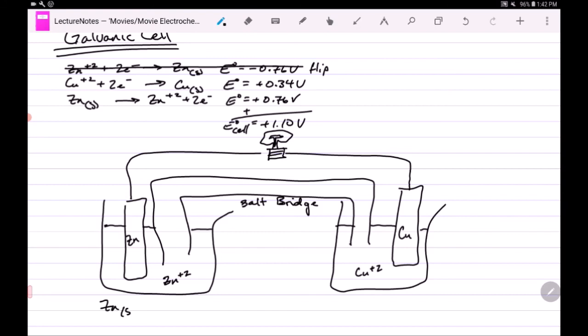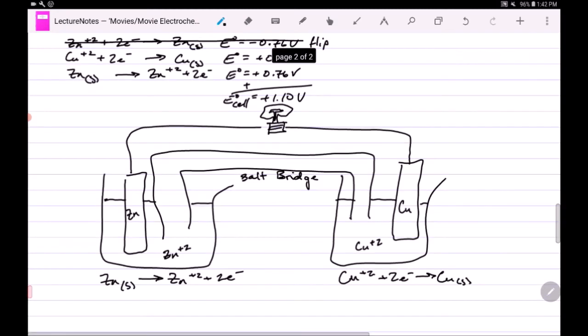Zinc goes to zinc plus 2 electrons. And then the half reaction for this one, copper plus 2 electrons, goes to copper. The electrons are being consumed on the right side. So this side will be the side that needs the electrons. And this side is the side that's producing them.